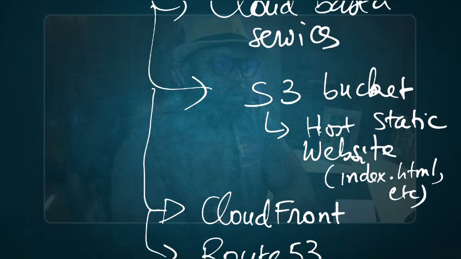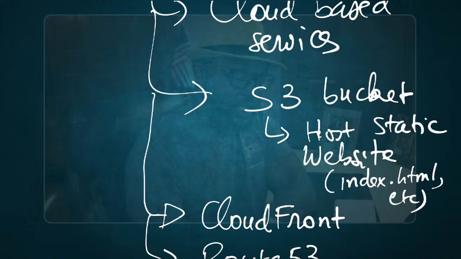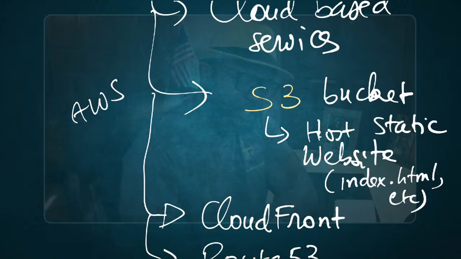So this is another way you can do this. And remember, this is on AWS, so that's what we're using. We're using S3. On Microsoft Azure, you can use Blob Storage, and they have other storage services that you can take advantage of.